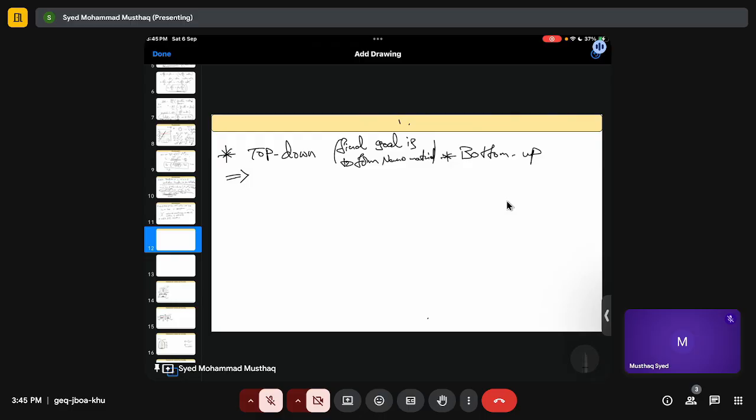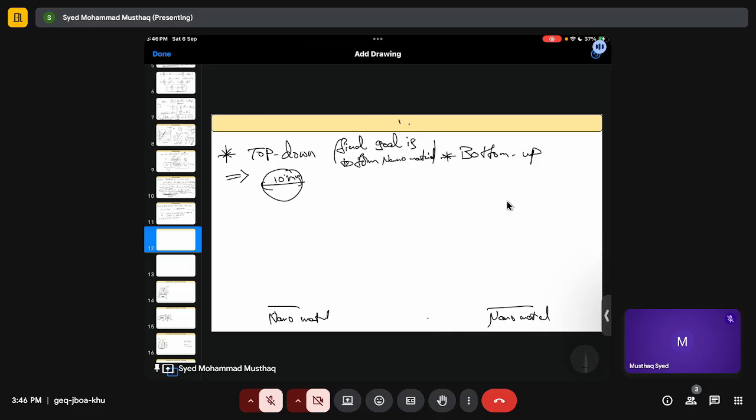Top down. So finally my goal is nanomaterial. What do you mean by top down? Top down is nothing but I will take a big particle which has a size of like 10 mm or 1 centimeter, a particle of 1 centimeter.